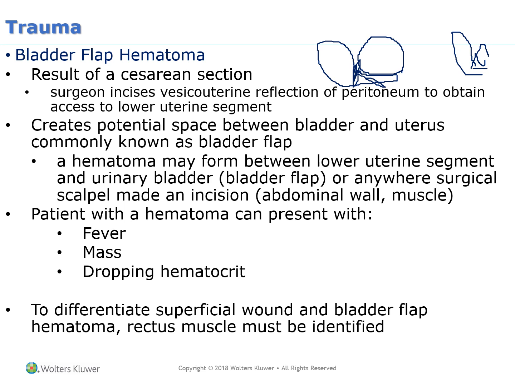That potential space is commonly known as a bladder flap, a space between the bladder and the uterus. After the C-section, if that incision were to leak or if damage had been done, then blood would collect in that region and form what we call the bladder flap hematoma.